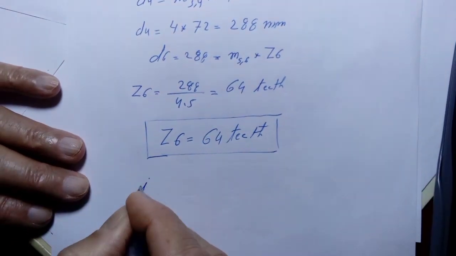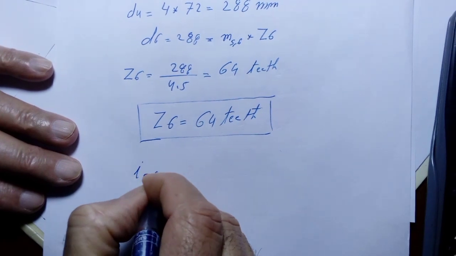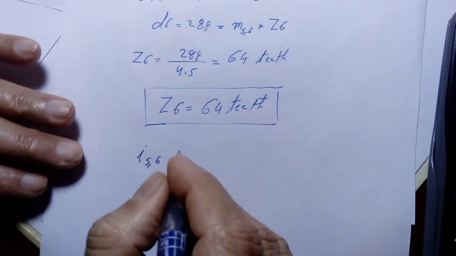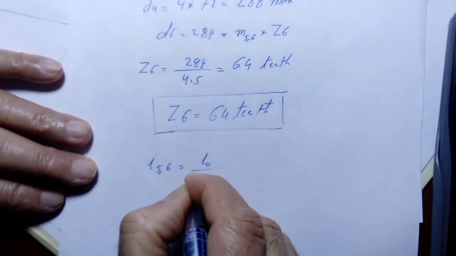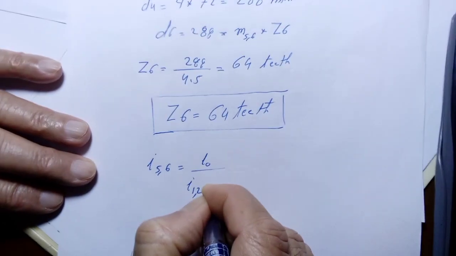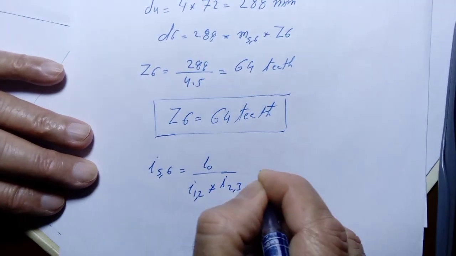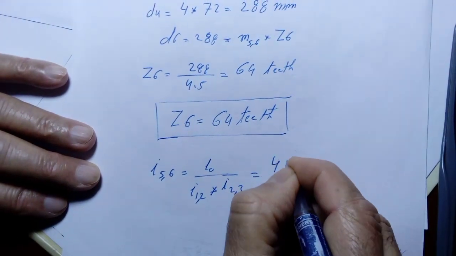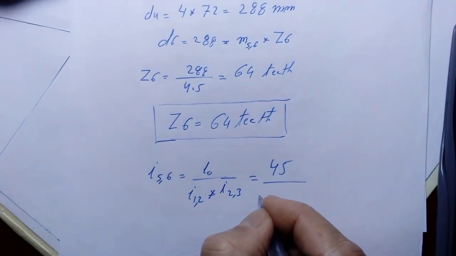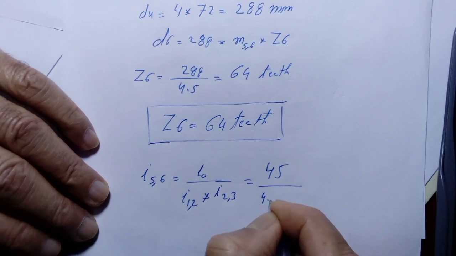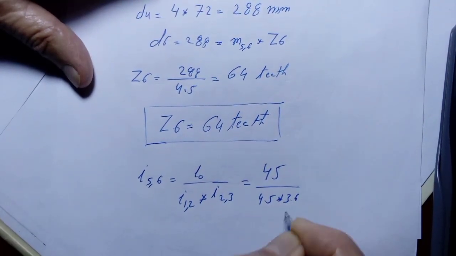Now, I between gears 5 and 6 will be obtained from I naught divided by I12 and multiplied by I34. Okay, total I is 45, and I12 multiplied by I34 is 4.5 multiplied by 3.6.